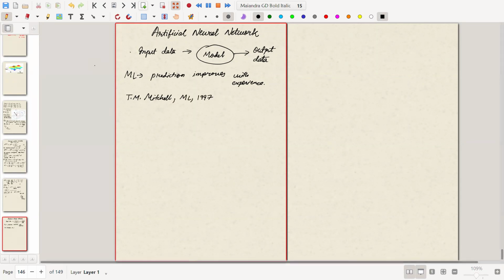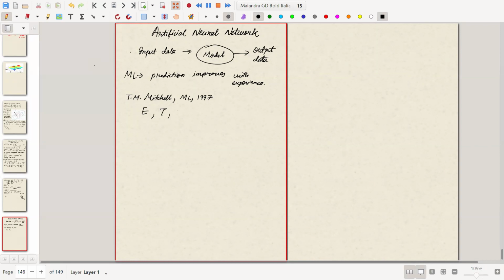A computer program is said to learn from experience E with respect to some class of tasks T, that's the data set, and performance measure P, which is how well your machine learning algorithm is able to perform.